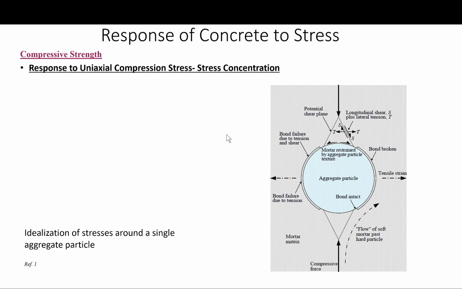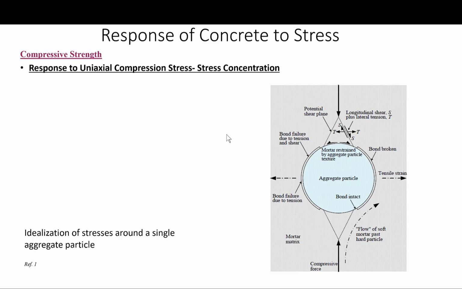This is of course affected considerably by the end conditions of the specimen, the conditions of the testing, as we discussed before. Failure is eventually due primarily to the lateral tensile stresses produced by the microstructural failure of the material.